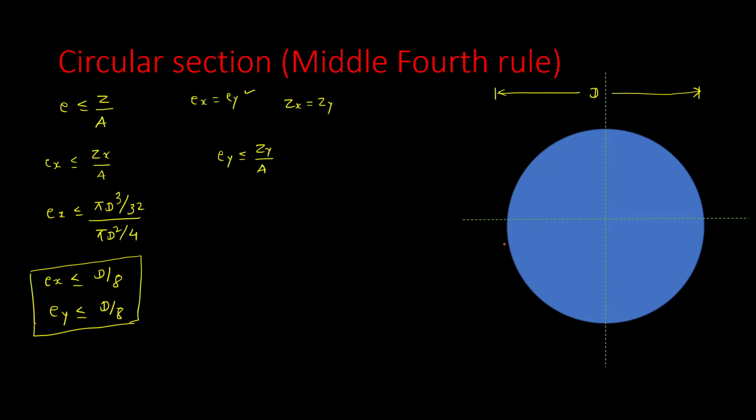Now let's plot Ex and Ey here. This is the centroid. This distance is Ey. Similarly, this distance is Ey. On the y-axis, the distance is Ex, and on the x-axis the distance is Ex.